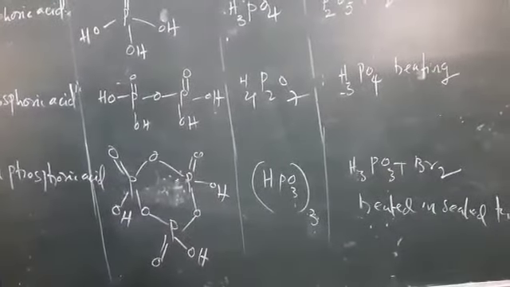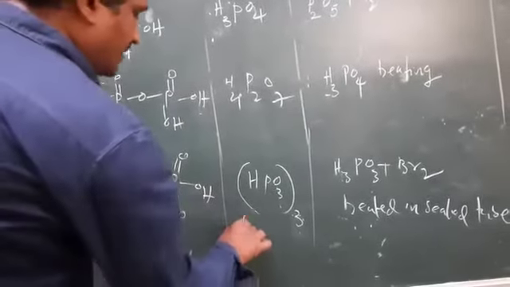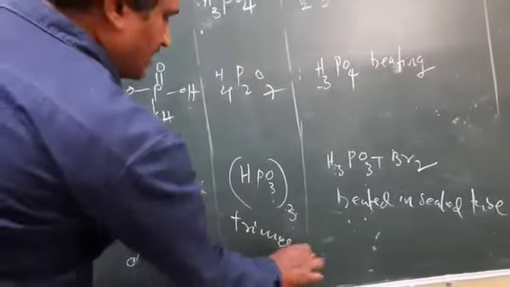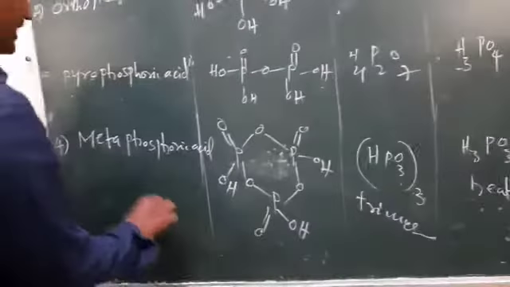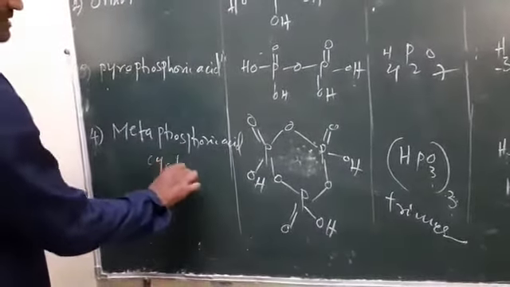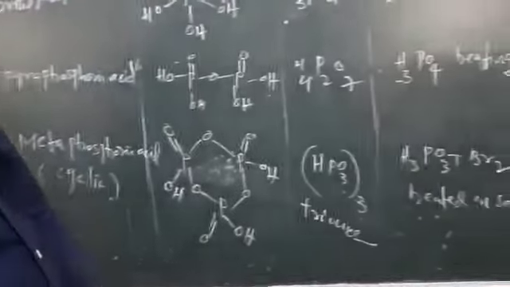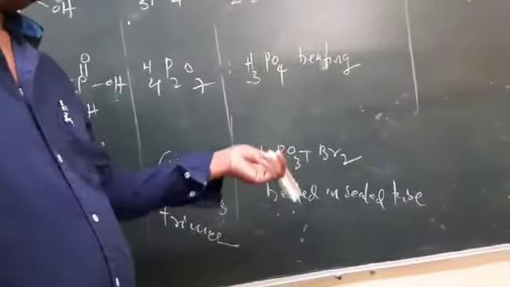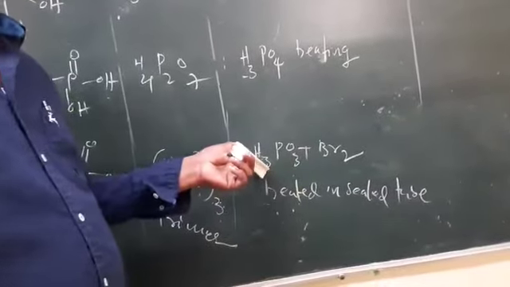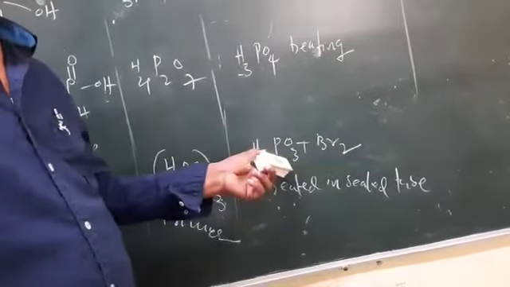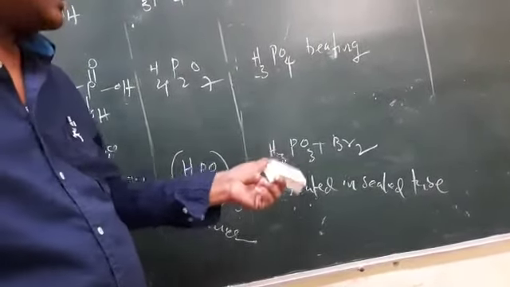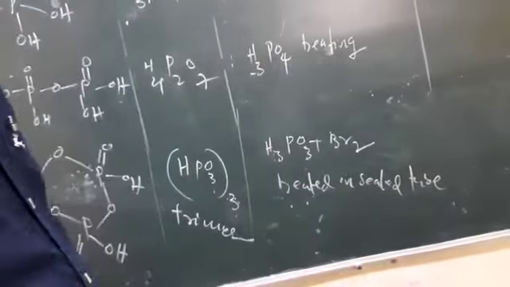It can be prepared when bromine is treated with orthophosphorus acid and heated in a sealed tube.